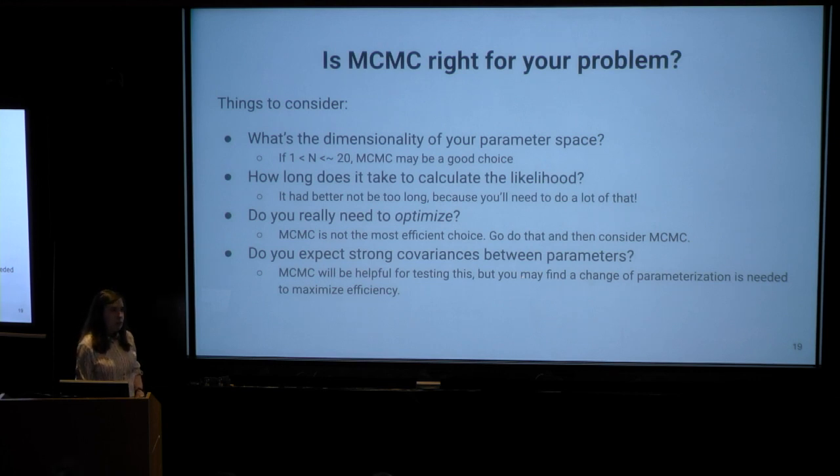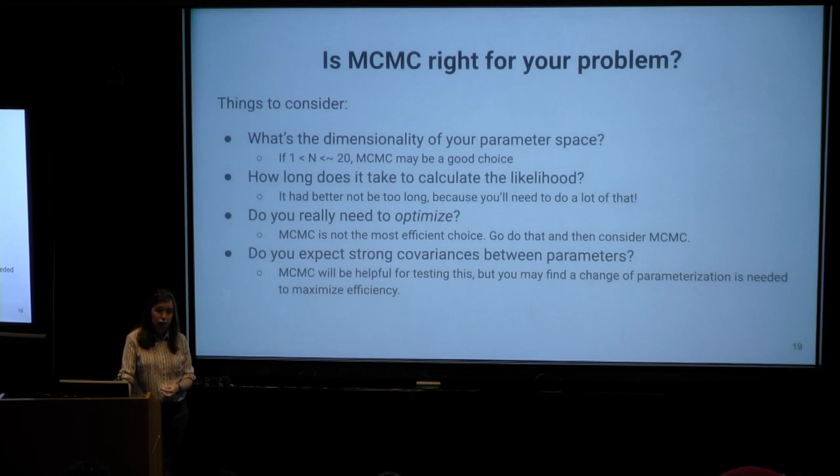Relatedly, MCMC might not be a practically good thing to do if your problem takes a long time to calculate the likelihood. Because you notice that every time we were trying a new proposed set of parameters, we had to calculate the likelihood or the posterior at the new parameter and at the old parameter, and take the ratio of the two.